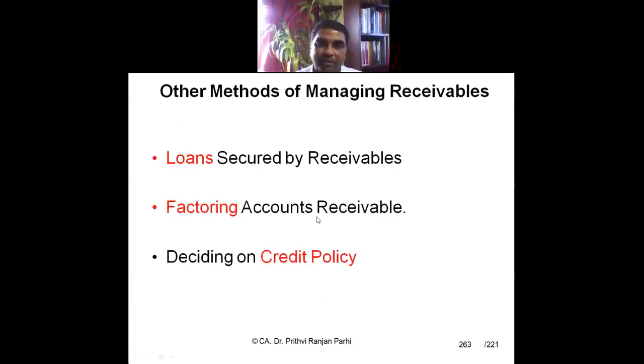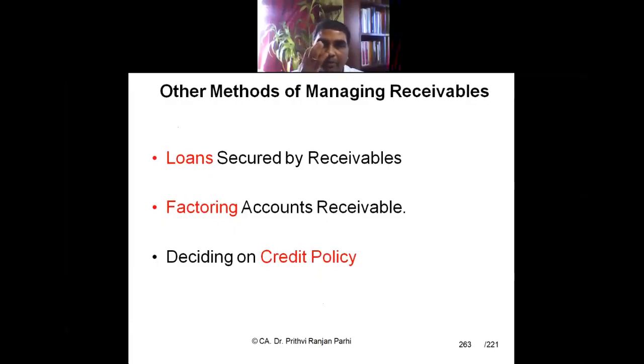There are other methods of managing credit receivables, like loans secured by receivables. Receivables mean debtors, a kind of asset. So these assets can be secured and a loan can be taken against them.